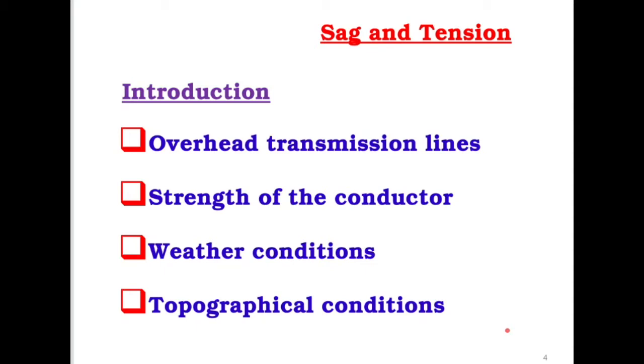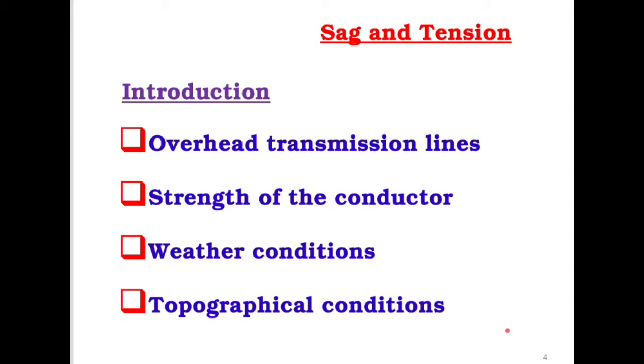When conductors swing, vibration gets induced in them, and because of that vibration, conductors can get snapped off from the point where they are fastened to the tower. And then we also come to the topographical conditions, meaning how the land is. Is it plain land? If the land is plain, then we'll have two supports of the same height.